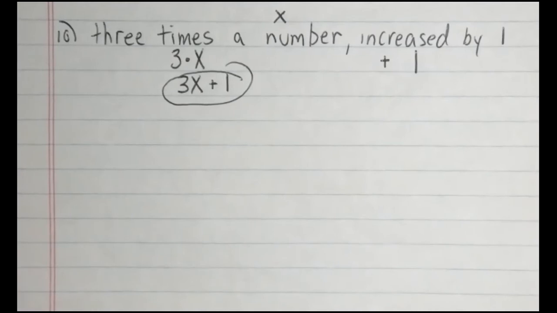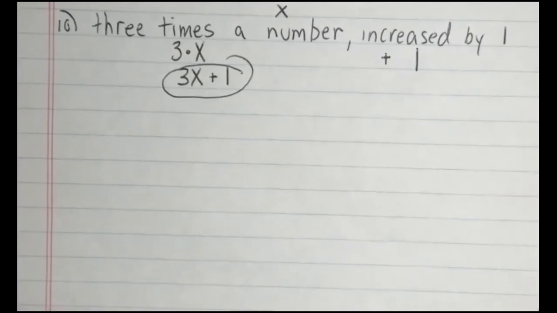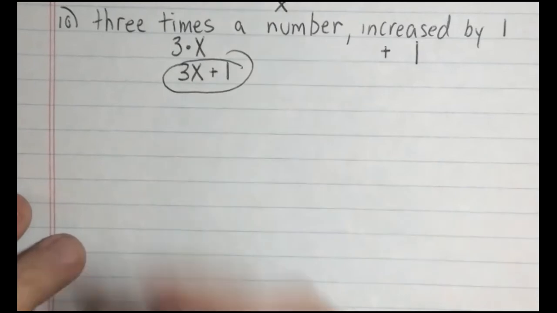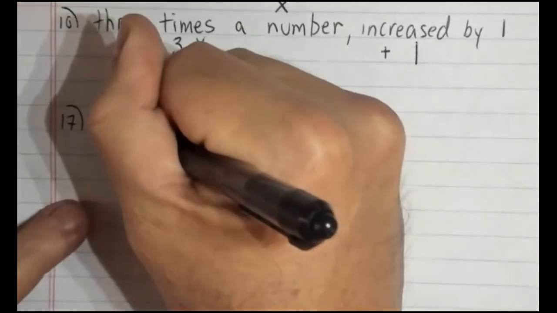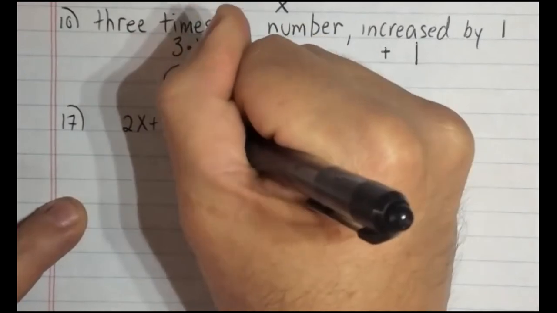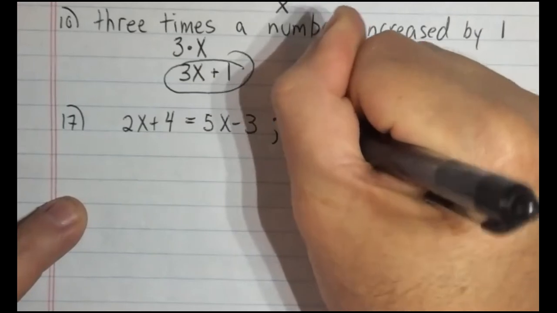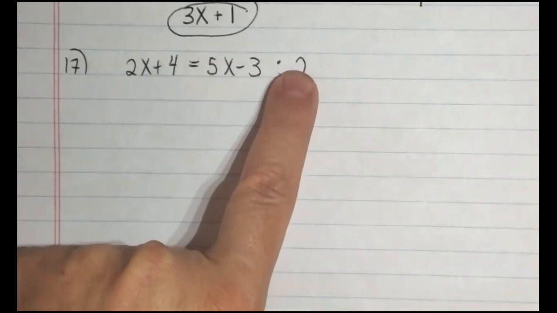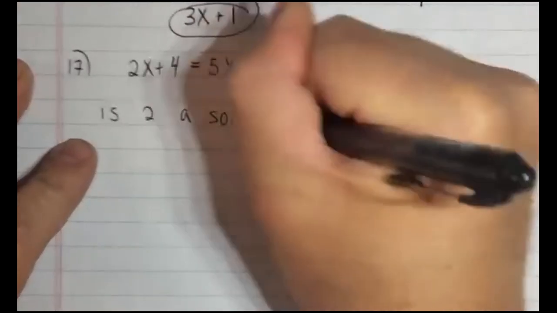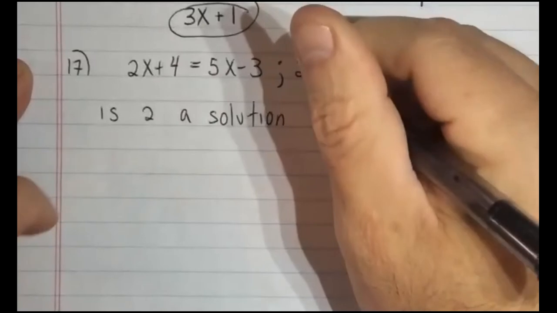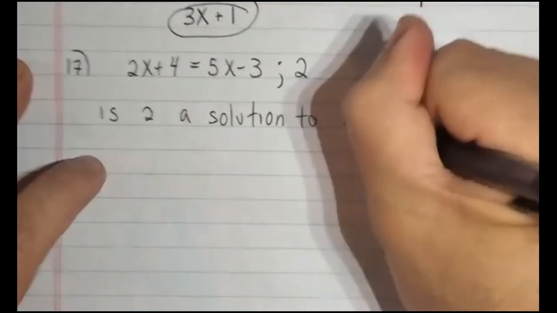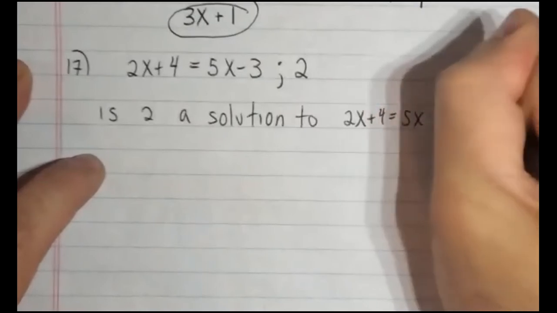The next way you're going to see this, I want to show you. It goes back to when you're substituting these values, and the problem looks like this, and you see a semicolon too. Basically, all they're telling you is to check whether x equals 2 is a solution to 2x plus 4 equals 5x minus 3.